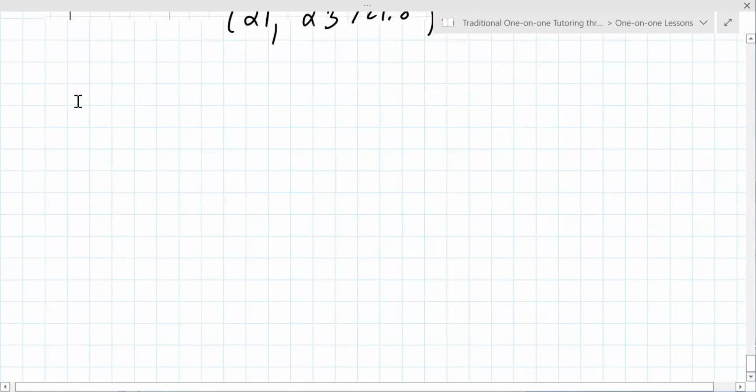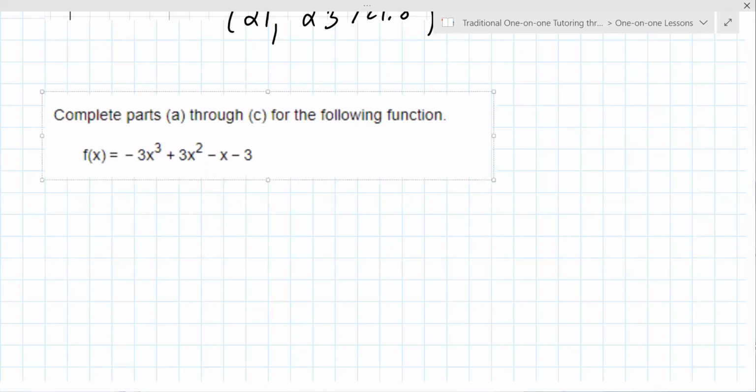Everything meaning concave up, concave down, increasing and decreasing. So let me just graph it and see what that does for us.